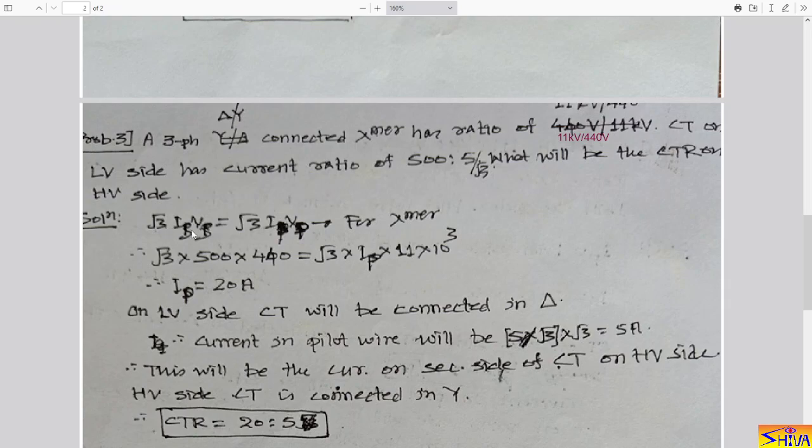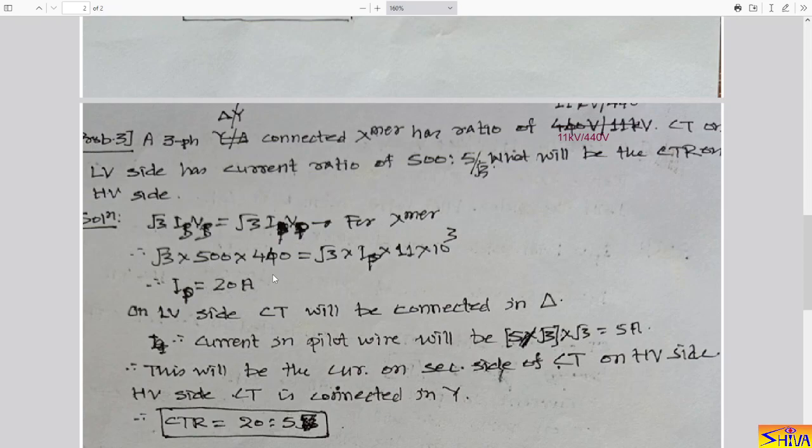So root 3 into secondary current into secondary voltage will be equal to root 3 into primary current into primary voltage. So root 3 into 500 ampere into 440 equals root 3 into primary current, which is unknown, into 11 into 10 to the power 3. With this we get the primary current as 20 ampere.